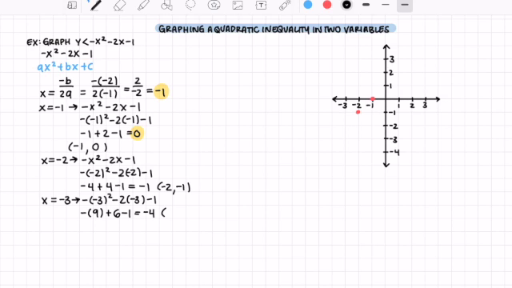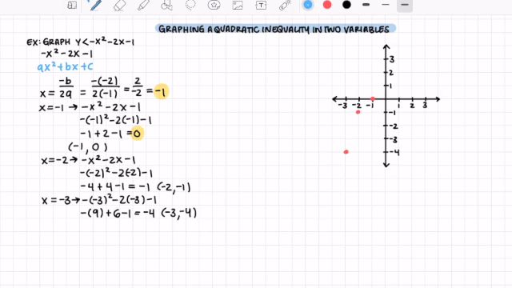So my other ordered pair is negative 3, comma, negative 4. And I'll plot that one out too. Negative 3, so go to the left 1, 2, 3 points, and go all the way down to negative 4, right over here.